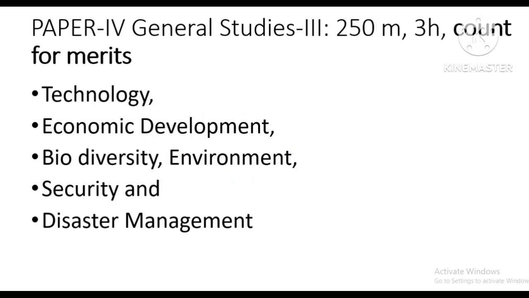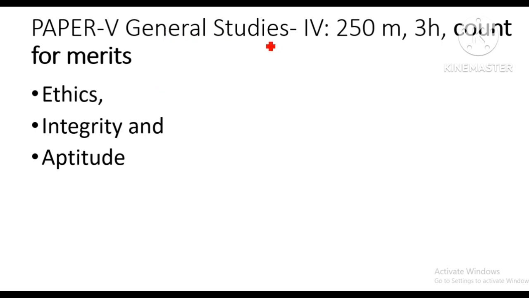Then paper 4 is called General Studies 3. Here technology, economic development, biodiversity, environment, security and disaster management will be there. Next, GS4, or paper 5, has the same 250 marks, 3 hours, counts for merit.